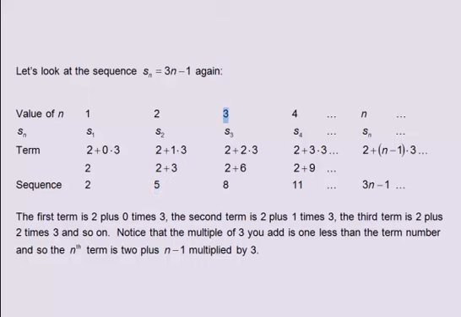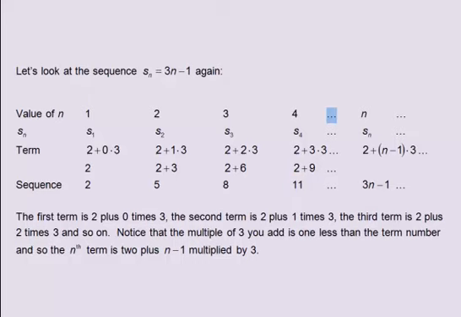When n is equal to 3, the term is called S3. It is equal to 2 plus 2 times 3, which is 2 plus 6, which is 8. When n is 4, the term is called S4. It is 2 plus 3 times 3, which is 2 plus 9, which equals 11.